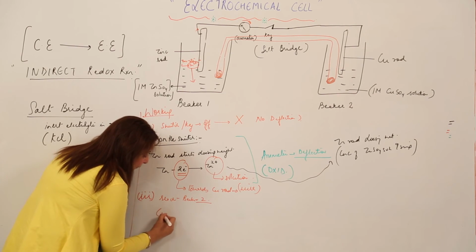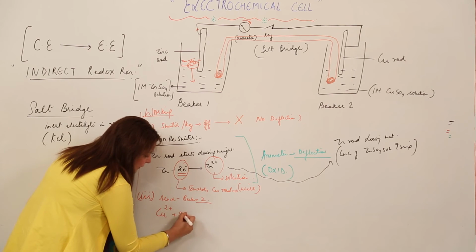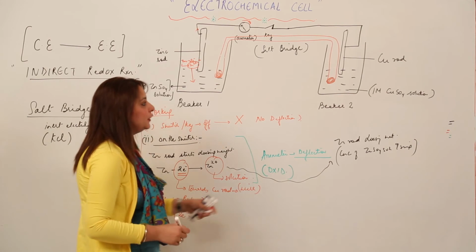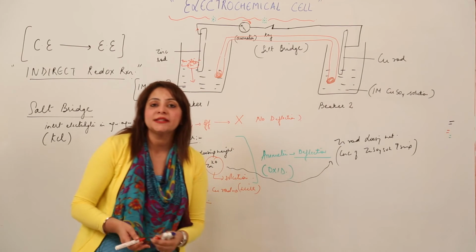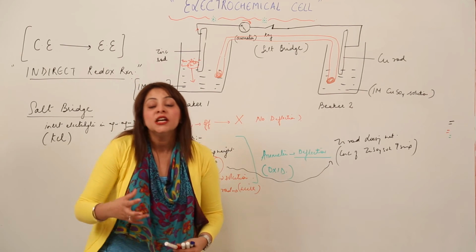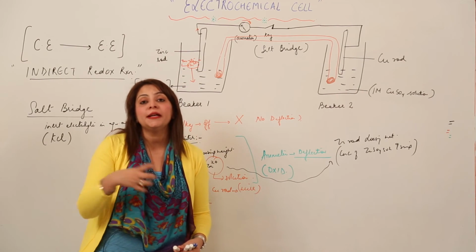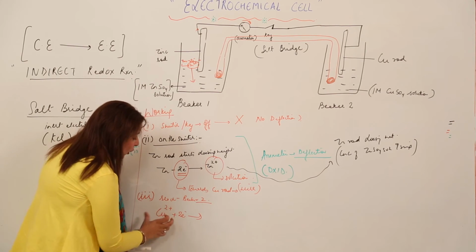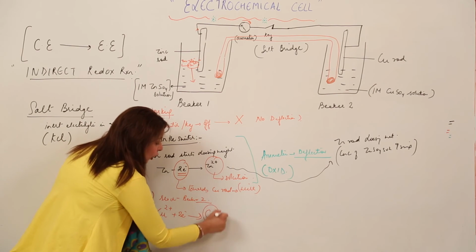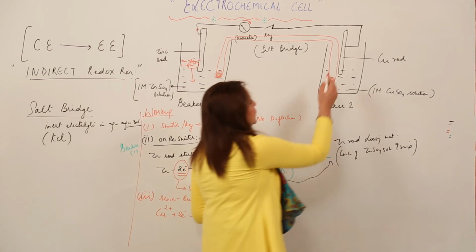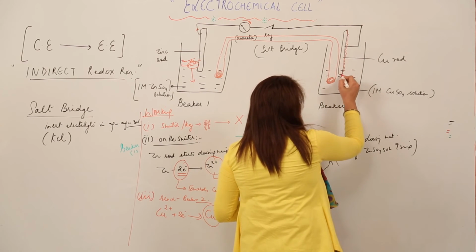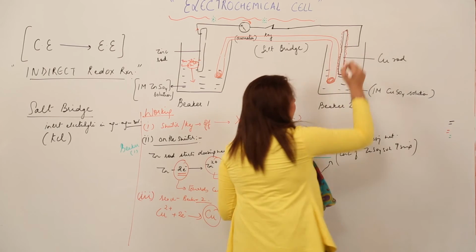These electrons are picked up by the copper ions. As we know it is a solution, so obviously copper ions and sulfate ions are present. These electrons are picked up by the copper ions, which get converted into copper atoms, and this copper starts depositing on the copper rod.